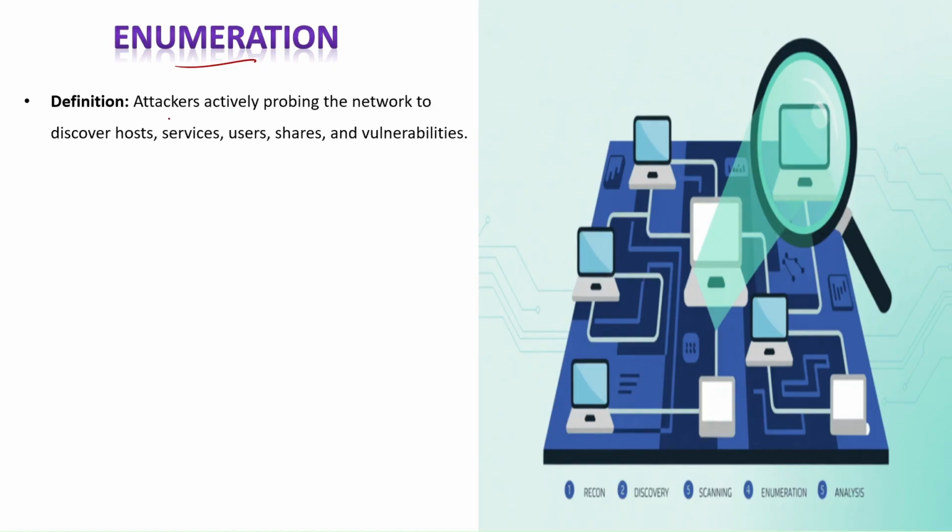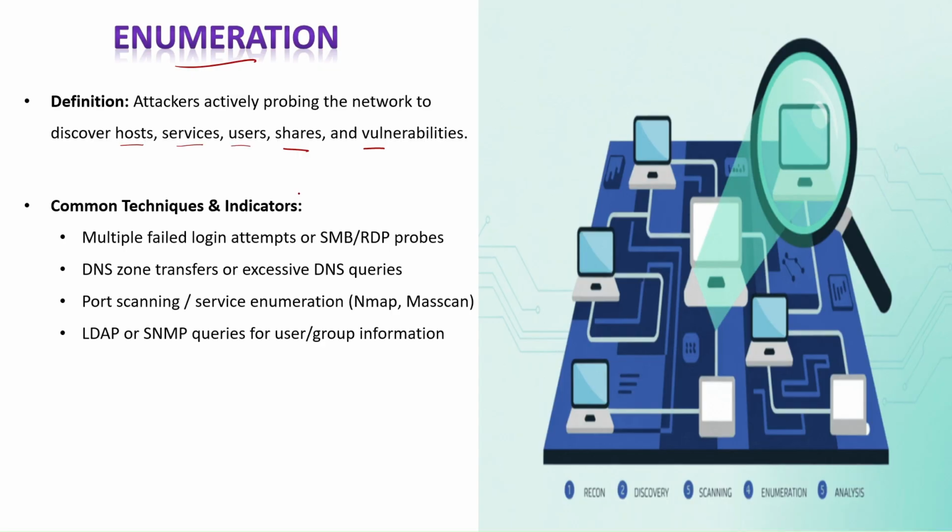So what is enumeration? Enumeration is where attackers actively probe the network to discover hosts, services, user shares, and vulnerabilities. This is a type of scanning for resources done by the attackers.